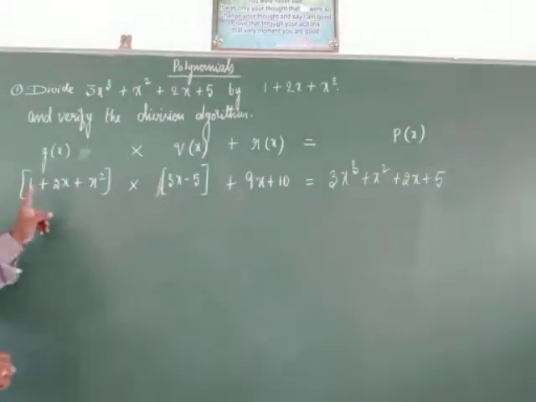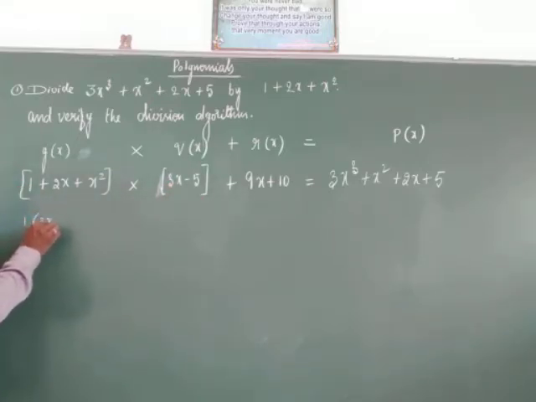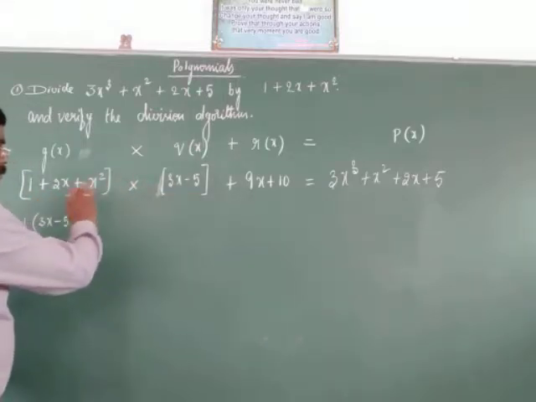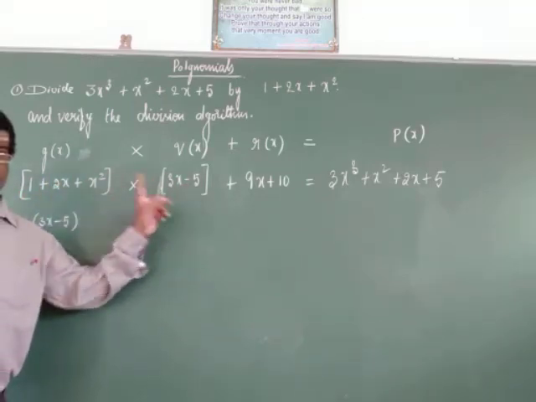Now here children, 1 into 3x minus 5. See here is the product of trinomial and binomial. So what you have to do? Each term should be multiplied by this binomial.